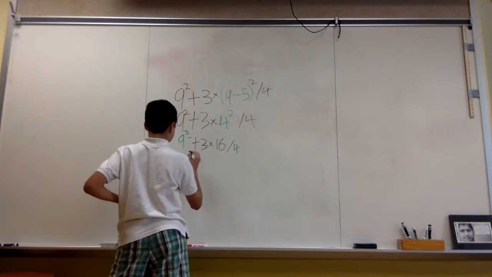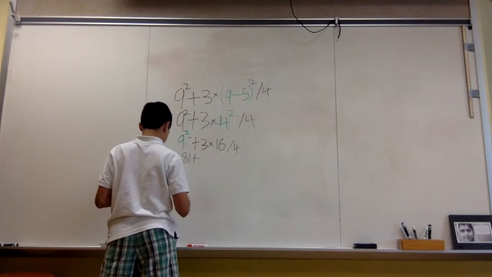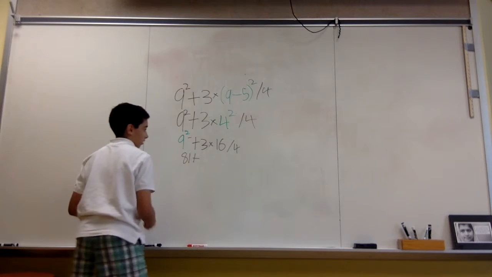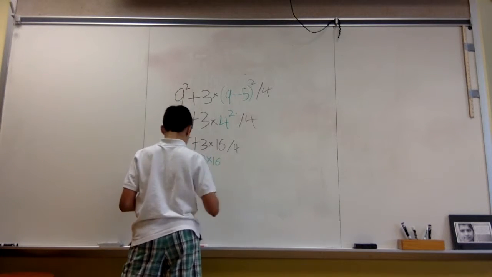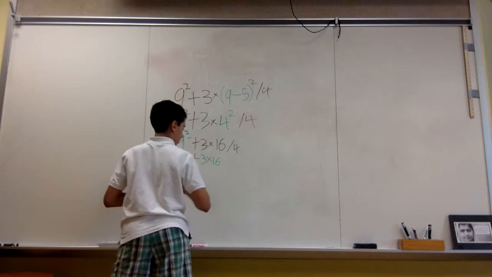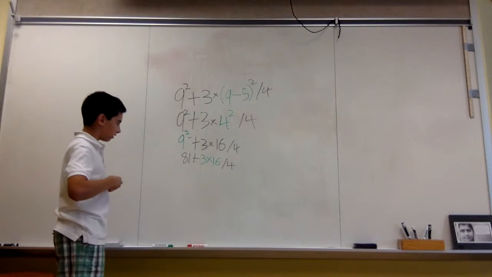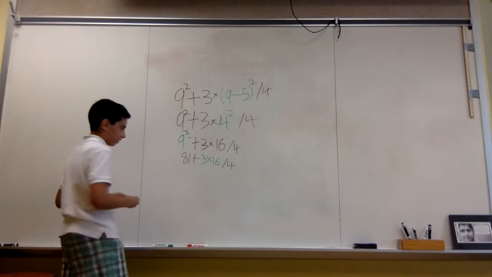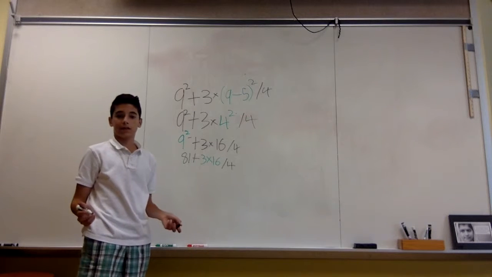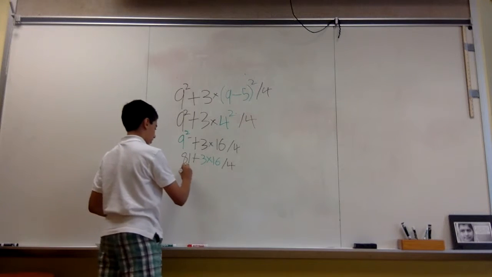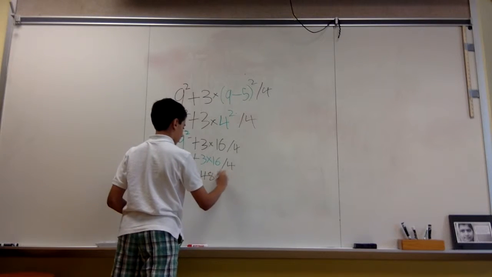So we'll have now 81 plus 3 times 16 divided by 4. Now multiplication. 3 times 16, our multiplication, makes 48 divided by 4.